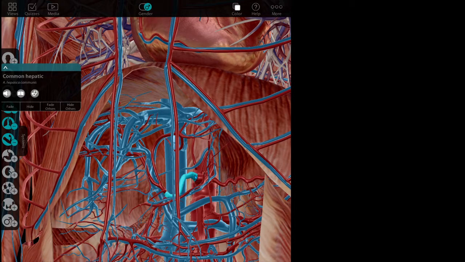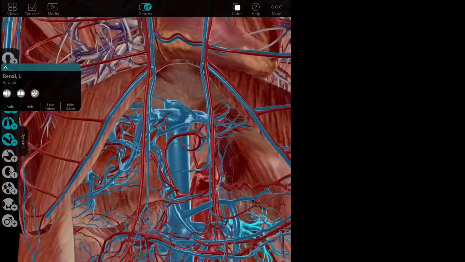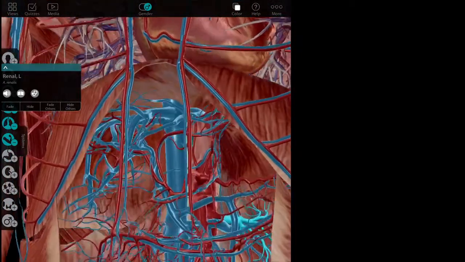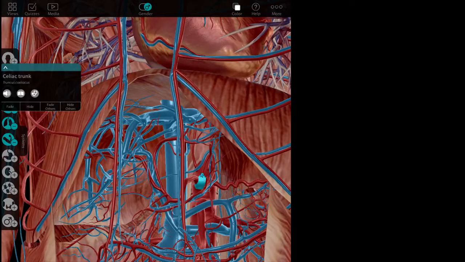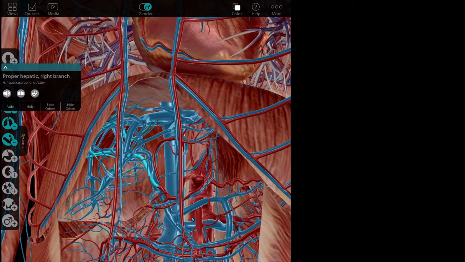Then you have your phrenic, and below it the mesenteric and the renal. The hepatic goes to the liver.